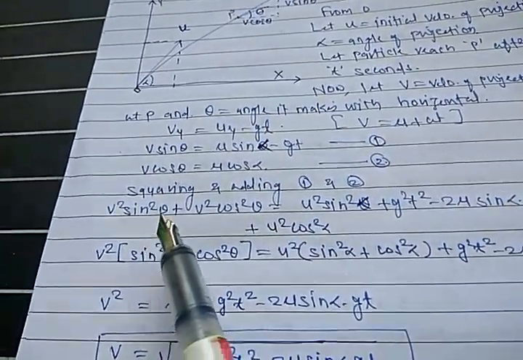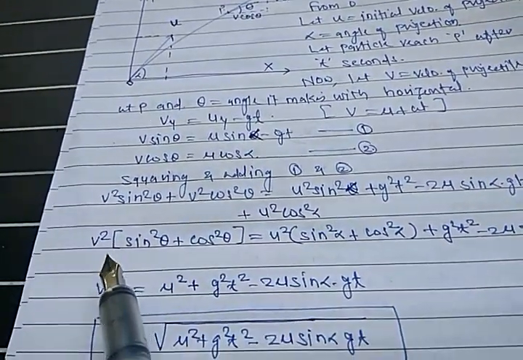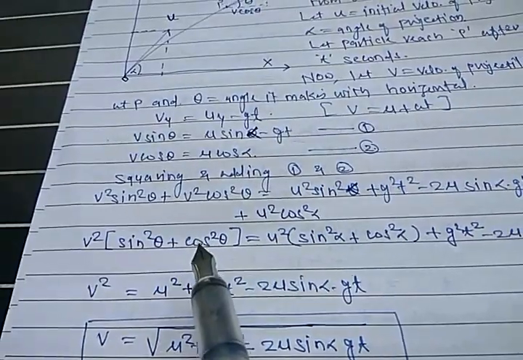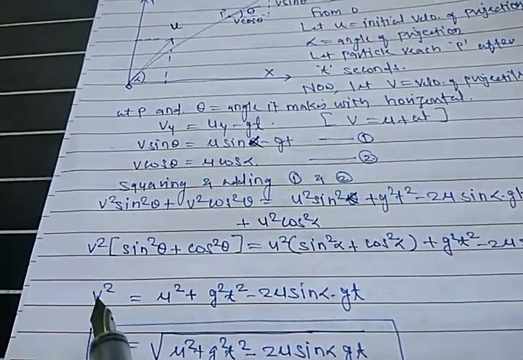Next, on the left side, v square is taken outside: v square into the bracket sine square theta plus cos square theta, that is equal to 1. So it is v square.